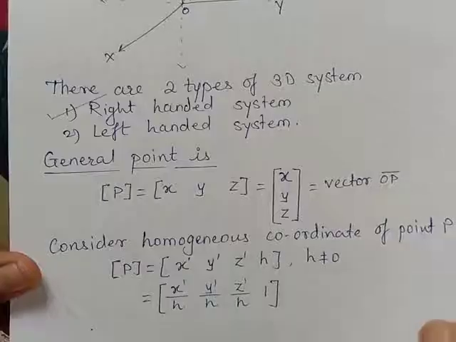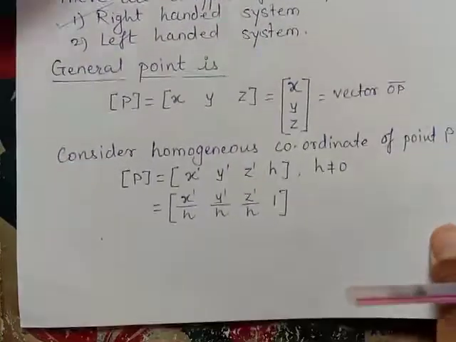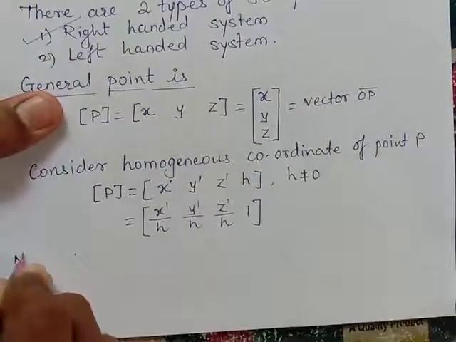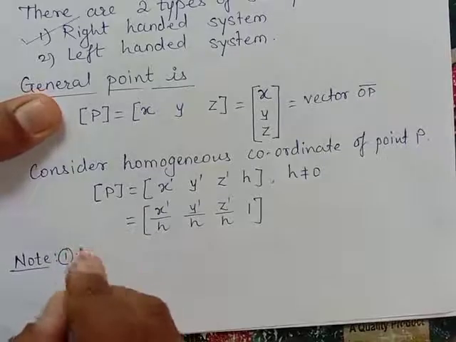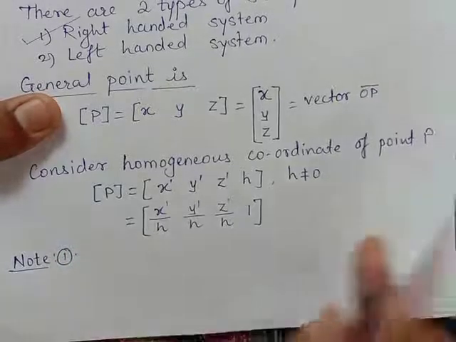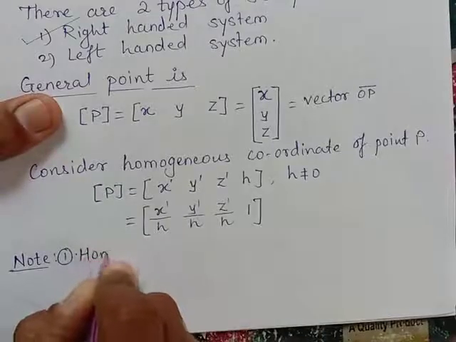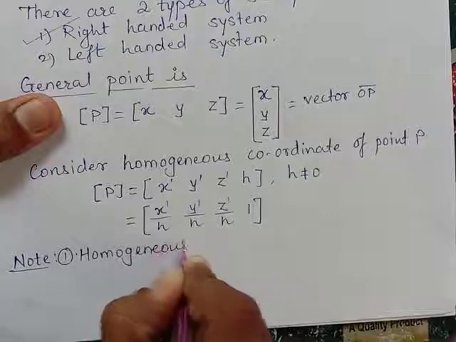Now let me write two notes about this. Note 1: homogeneous coordinates of a point are not unique. That is known to us, right?